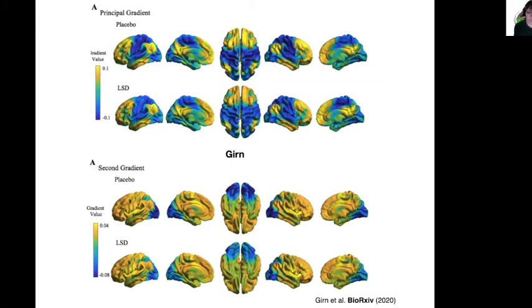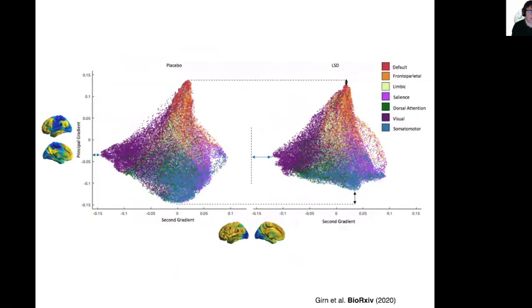If you do the scatter plot embedding of the first and the second gradient, you can see also that the distribution of these networks is kind of similar between people under placebo and people under LSD.